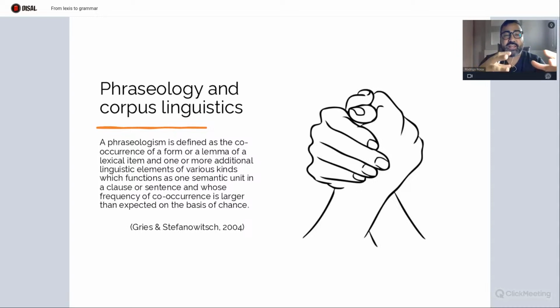And one of the things we have to do once we diagnose the relevance of a certain area in linguistics is define what the unit of analysis is, right? So if we're talking about phraseology, what is phraseology concerned with? Well, phraseology, as the name itself suggests, is concerned with phraseologisms, okay?